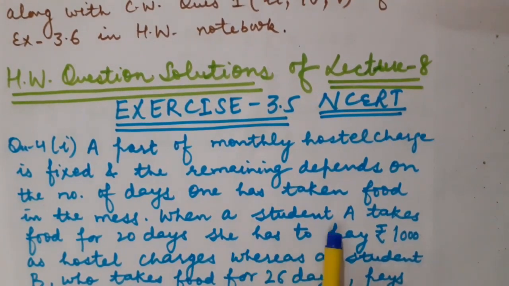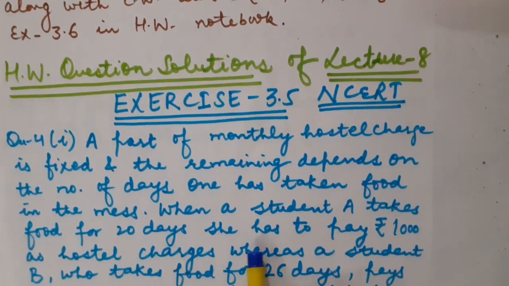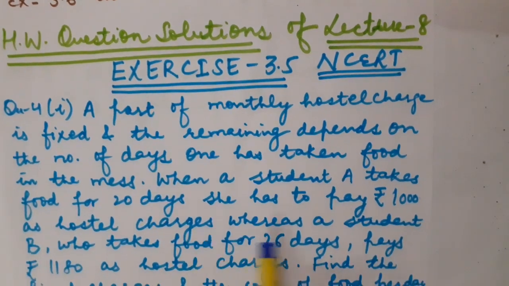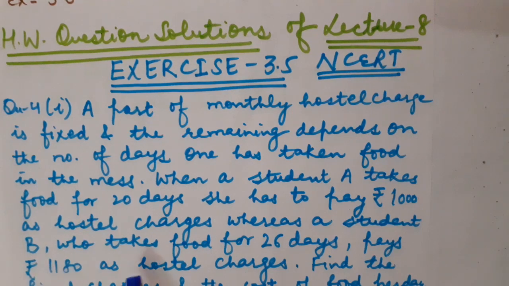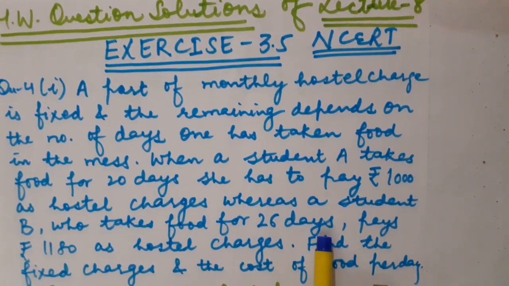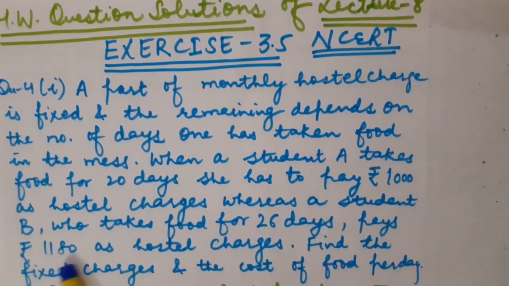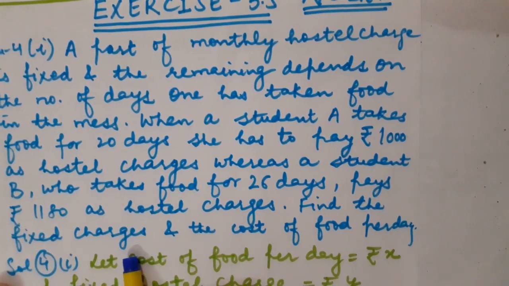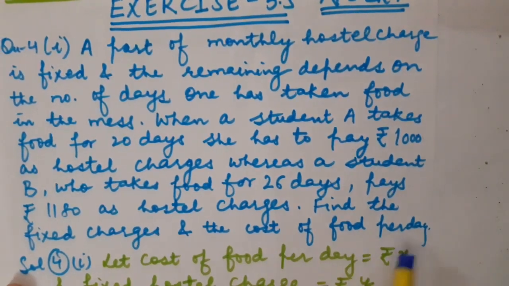When a student A takes food for 20 days, she has to pay rupees 1000 as the hostel charges, whereas another student B who takes food for 26 days, he has to pay rupees 1180 as hostel charge. Now you have to find the fixed charge along with the cost of the food per day.